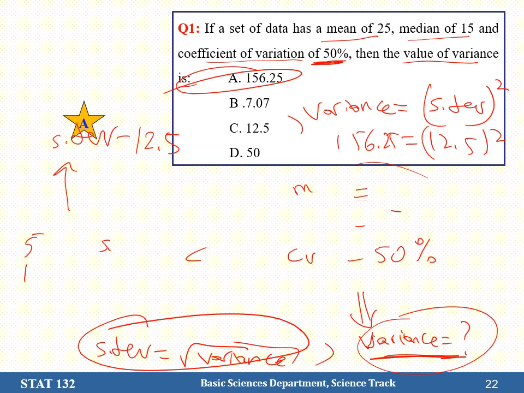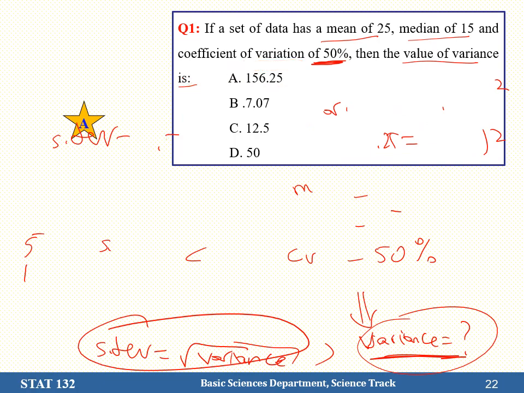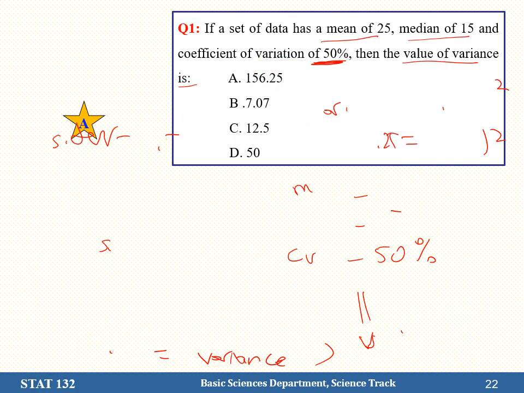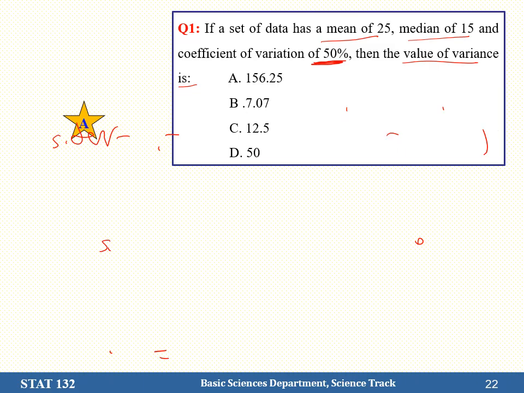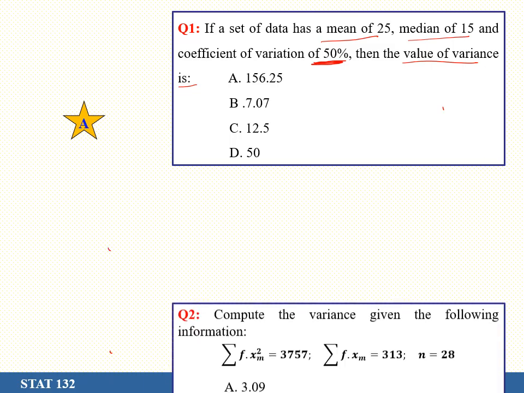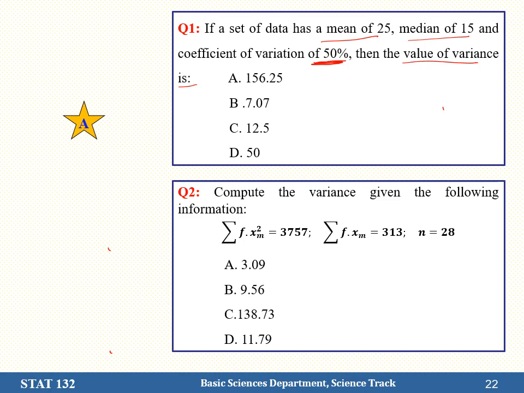Now let's look at another question here. Okay, the other question is, compute the variance given the following information. Now, some sums of the products are given here.